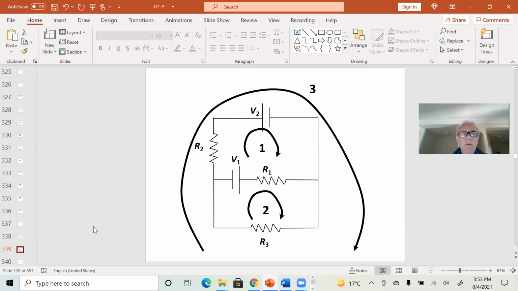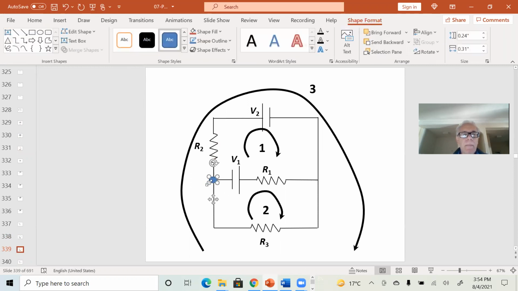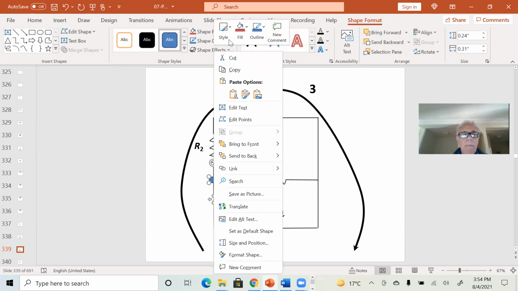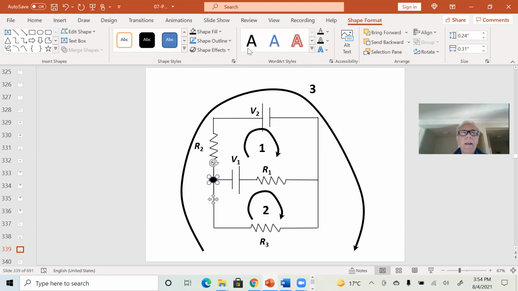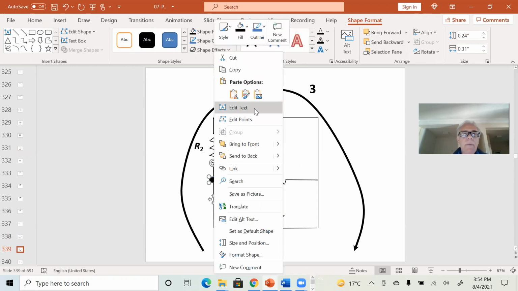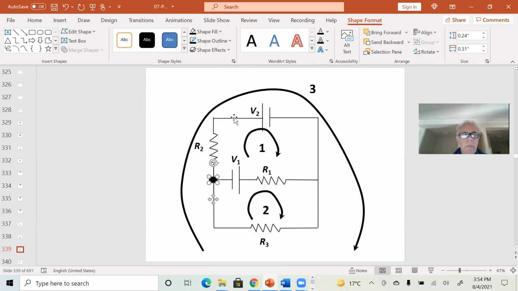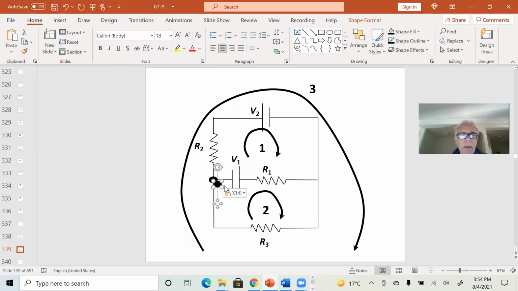And I'm going to mark the nodes. One node here. I'm going to make this node black. I'll call them node A and B, let's say.